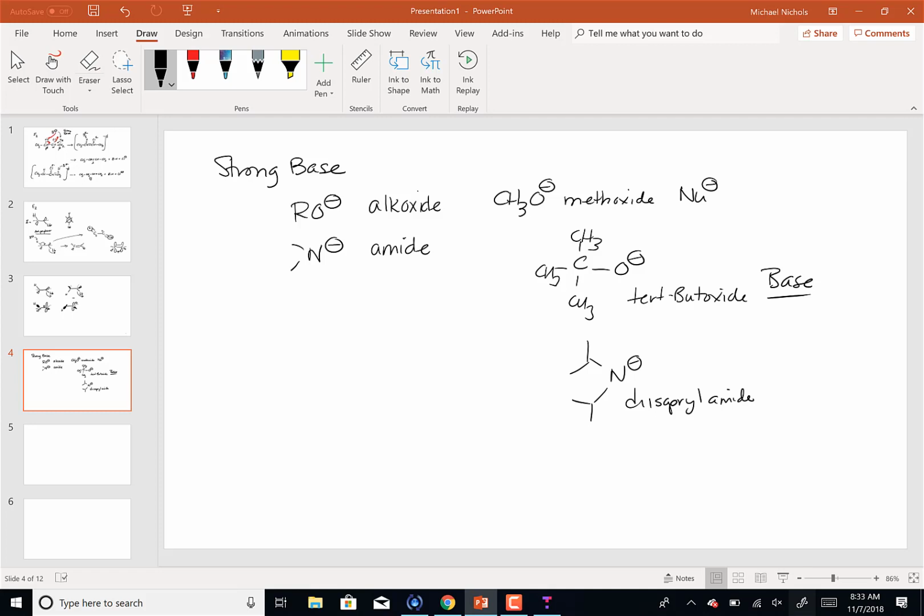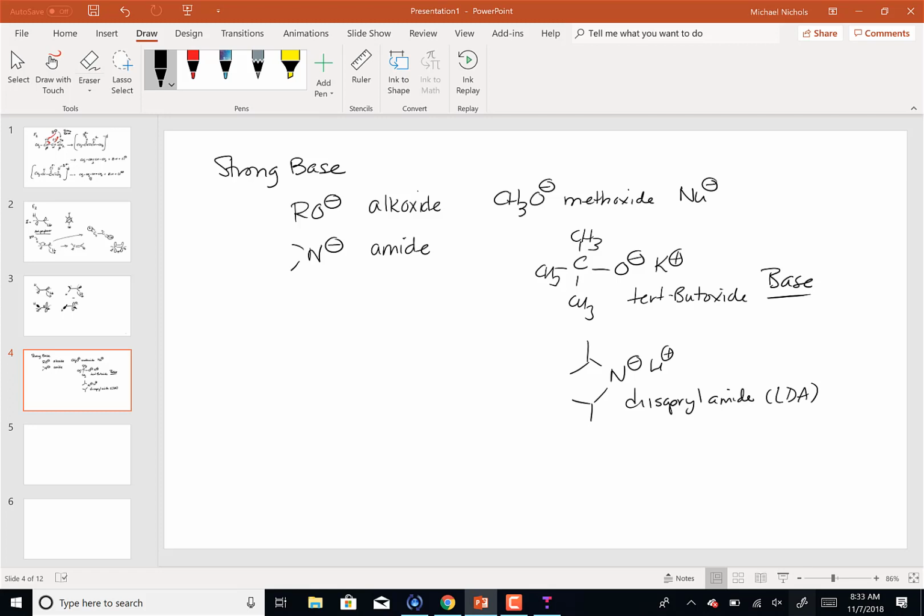I can't just go down to the stockroom and say, give me a bottle of Tert-Butoxide, because they'll say, well, what kind do you want? Sodium? Lithium? Potassium? They always have to have an alkali metal. So typically we use potassium, so it's potassium Tert-Butoxide. With the diisopropylamide, it's normally lithium, so this is sometimes abbreviated LDA for lithium diisopropylamide.